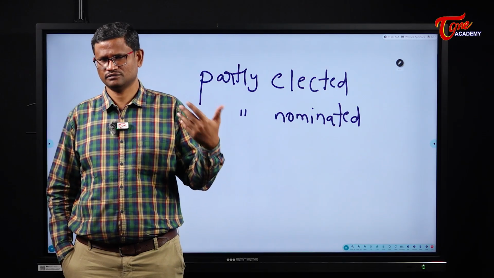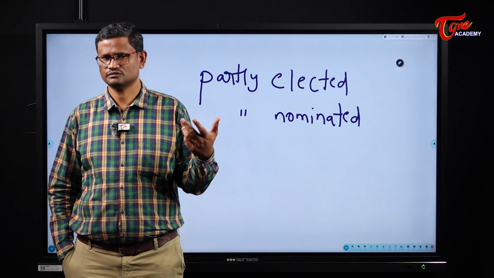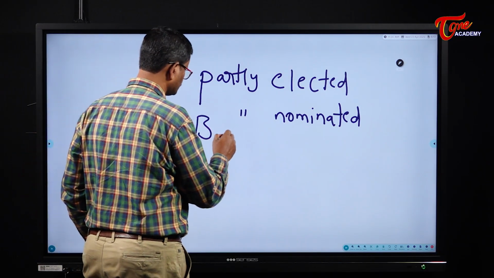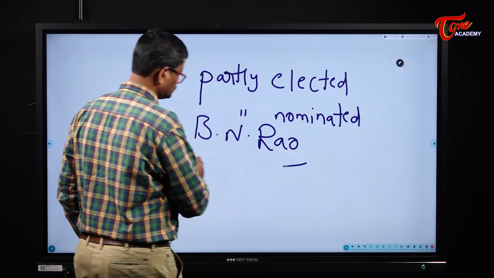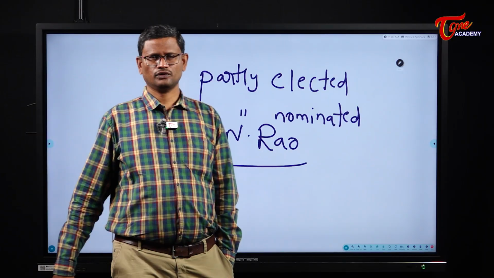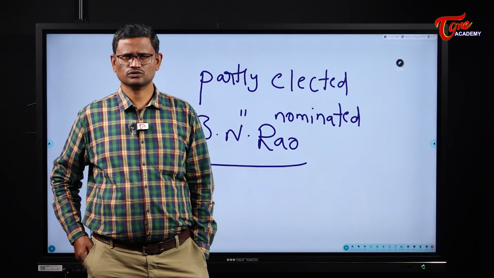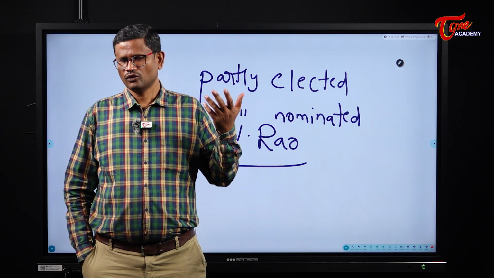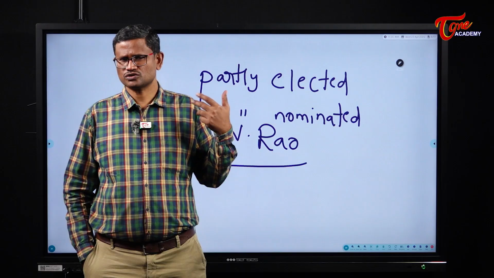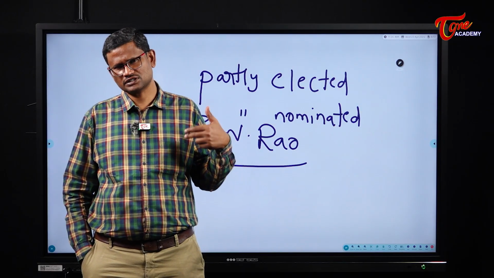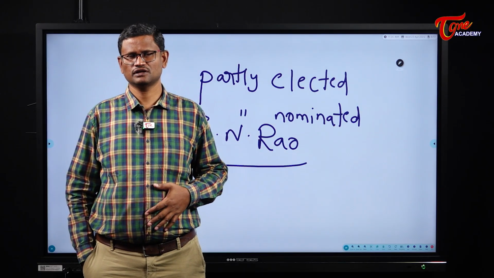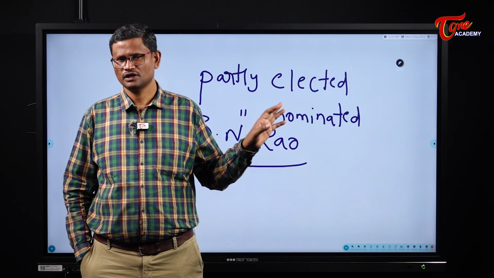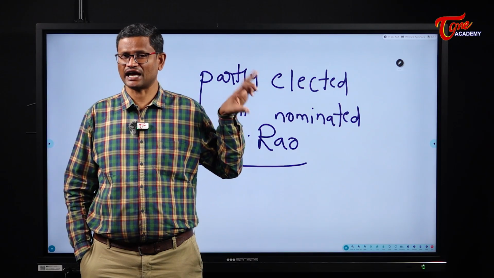And initially, B.N. Rao, Benegal Narsing Rao, is the advisor to the Constituent Assembly. He looked into almost 60 constitutions around the world, and he personally visited some of these countries, and on the basis of his own work, he made the initial draft.